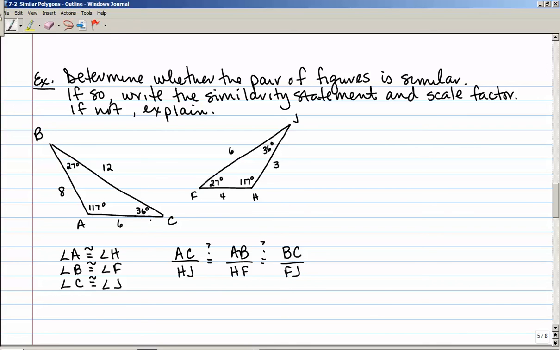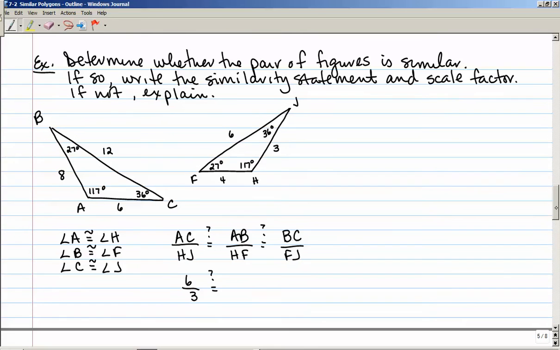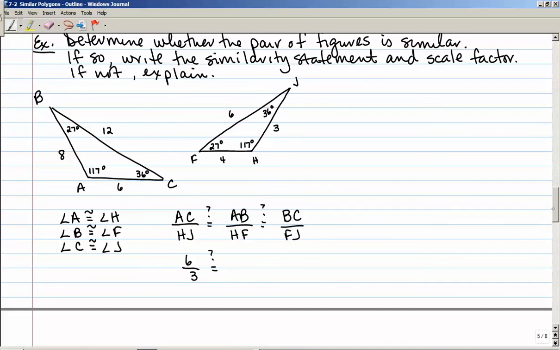Well, let's see. AC over HJ would be 6 over 3. AB over HF would be 8 over 4. And BC is 12, and FJ is 6.